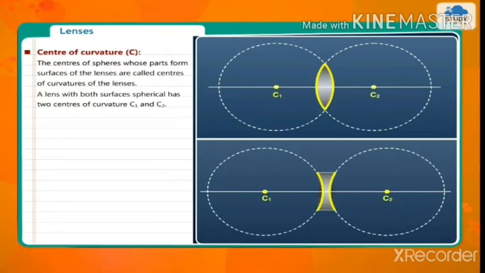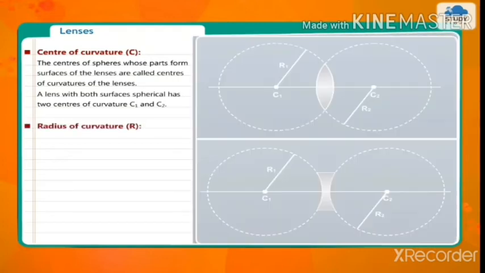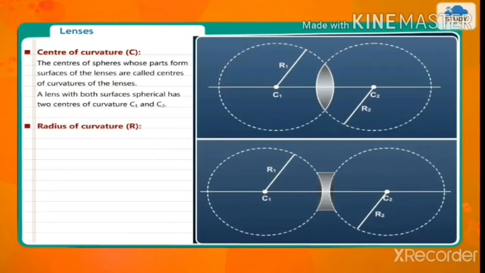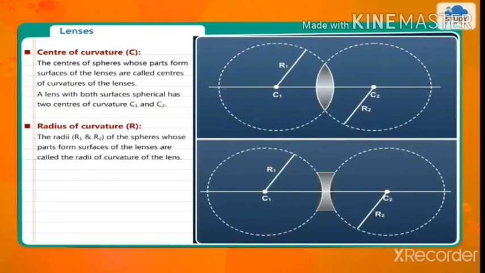This we have seen in our live lecture also. Now we will see radius of curvature, R. The radii R1 and R2 of the spheres whose parts form the surfaces of the lenses are called the radii of curvature of the lenses.